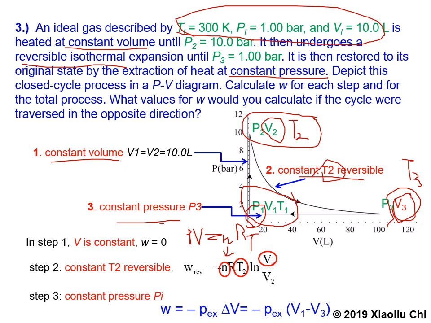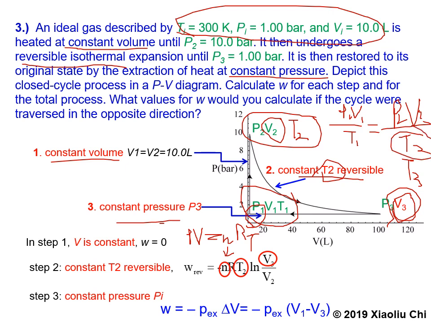And therefore you can use the combined gas law: P1 V1 over T1 equals P2 V2 divided by T2. So from this equation, T2 can be calculated.